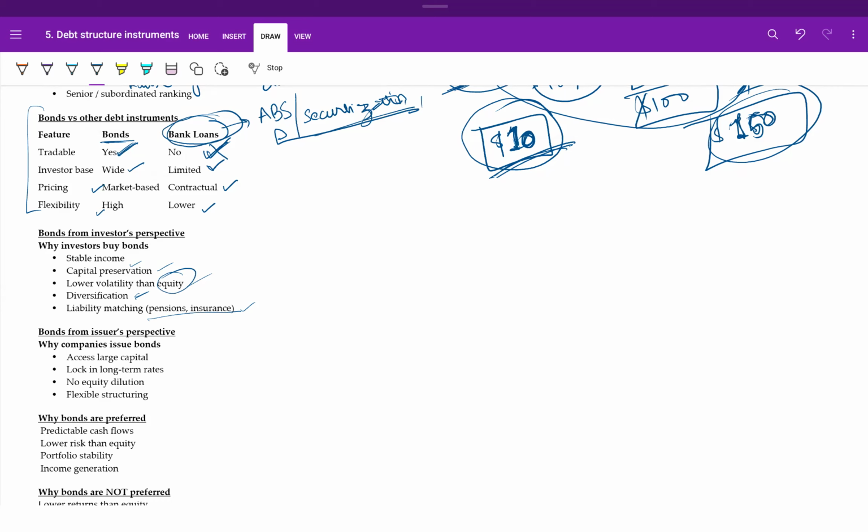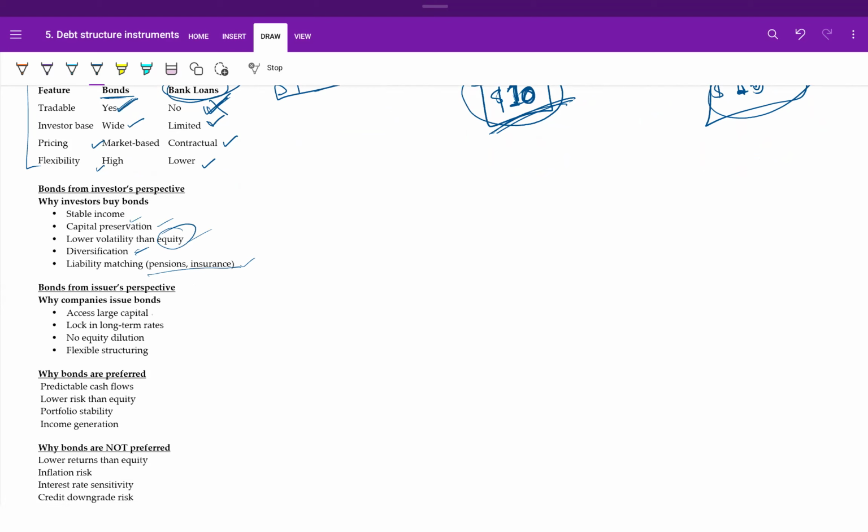And when we talk about bonds from an issuer's perspective, one question comes to mind: why do companies issue bonds? Companies issue bonds to access large capital, so that people can invest in those companies. Companies can raise capital and lock in long-term rates, writing in contracts that at this XYZ percent rate, they can lock in long-term rates.